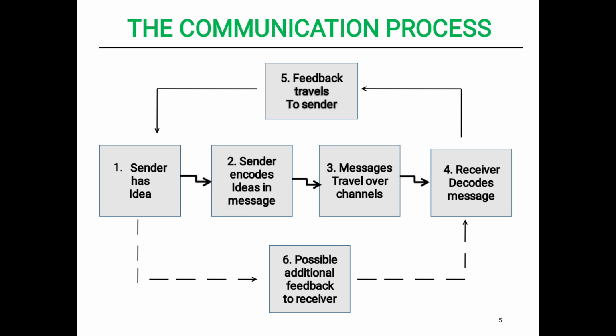As per this diagram, we have four equally important steps, step 1, 2, 3, and 4, which are the essential, vital steps of communication. We cannot complete the communication process ignoring any one of them.